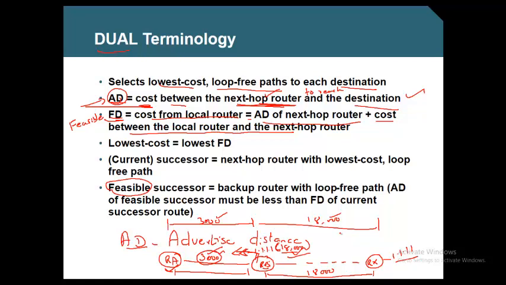How does router A know 21,000 without the advertised distance? Not possible, isn't it? So router A still depends on the neighbor to calculate its own metric. You agree? Router A depends on the neighbor for its own metric calculation. Yes or no? Yes, correct.